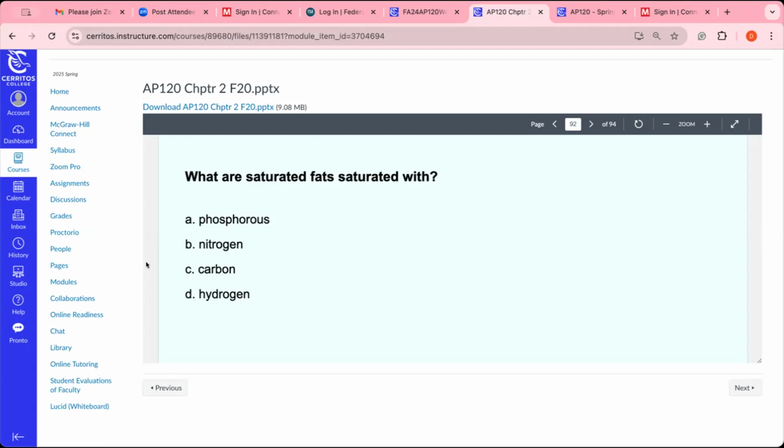Saturated fats are saturated with hydrogen molecules.